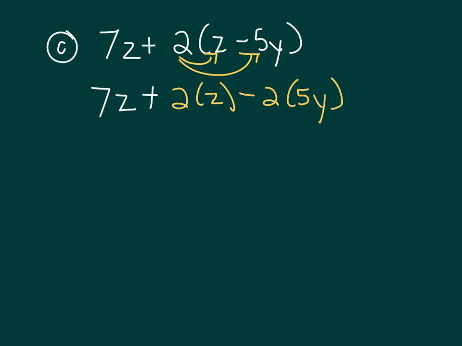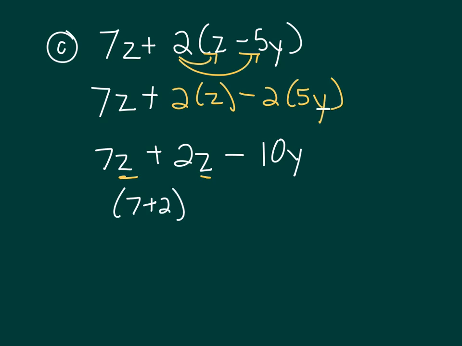And then when we go to simplify it, this is still 7z. This is now 2z minus, and then 2 times 5 is 10, but it's 10y because that was up there. And then we're going to try to, again, simplify our like terms. So this is a z and this is a z. So it's the same thing as saying 7 plus 2 times those z's minus 10y.